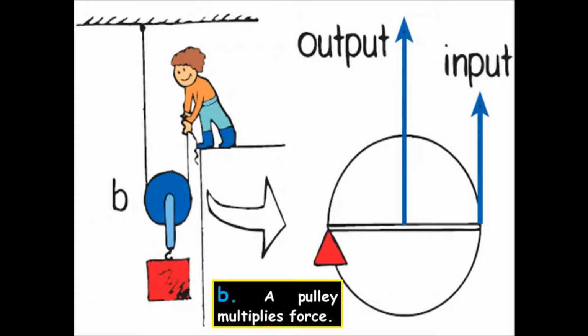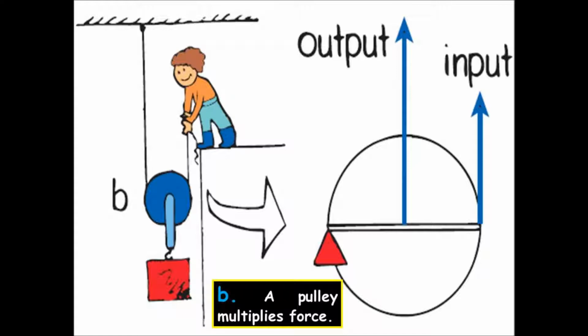Okay. Here I have kind of a different one. The output force is going to be large. See, I have two strings supporting it, so each string is going to be half the load.